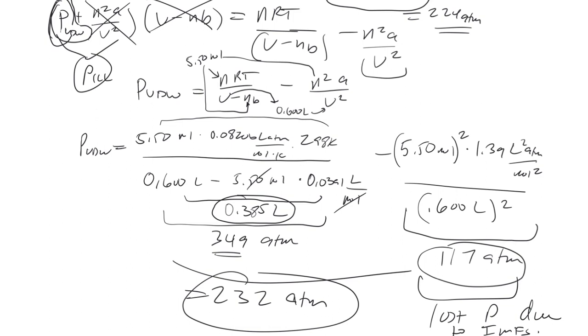If we go higher, we're going to get presumably even worse. And so what we can see here is that the van der Waals pressure is trying to correct for the intermolecular force problem, and it's trying to correct for the free space problem. And so the van der Waals pressure, again, is just a better prediction of the true pressure of a gas mixture. So big equation, but we just plug into it and solve for the pressure that it gives us.